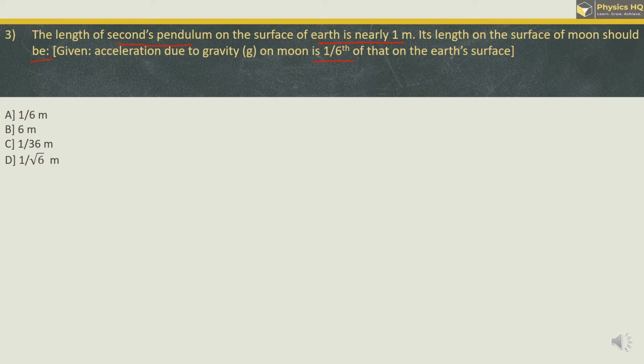First of all, we will talk about the time period of a simple pendulum. The formula for time period of a simple pendulum is T is equal to 2 pi root of L by g. For a second's pendulum, T is equal to 2 seconds.